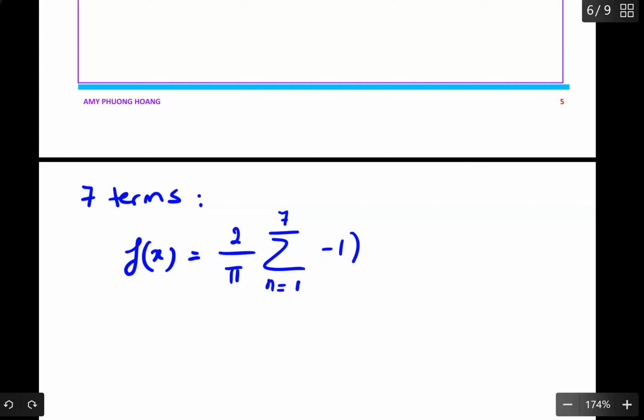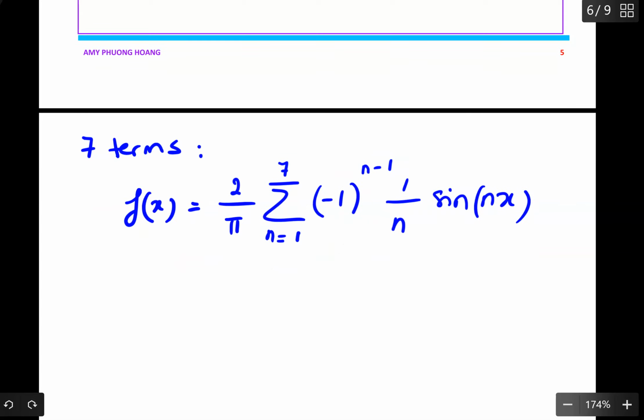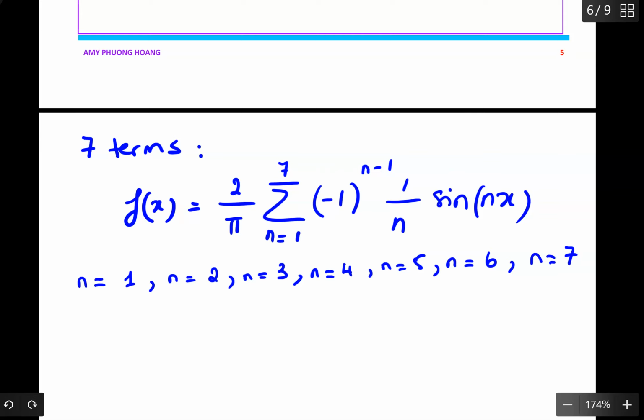The equation gave me minus 1 to the exponent n minus 1, times 1 over n, times sine of nx as the argument. So that means I will have n equal to 1, 2, 3, 4, 5, 6, and 7. So 7 terms in this case.